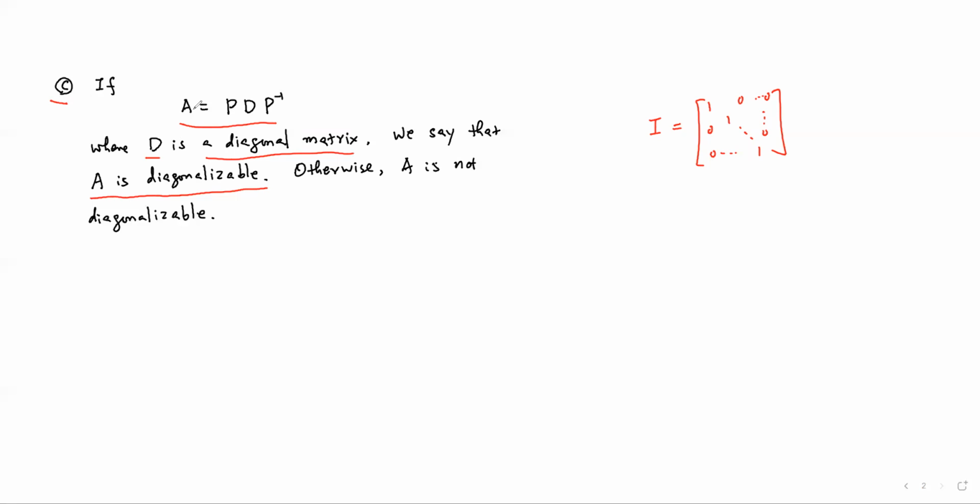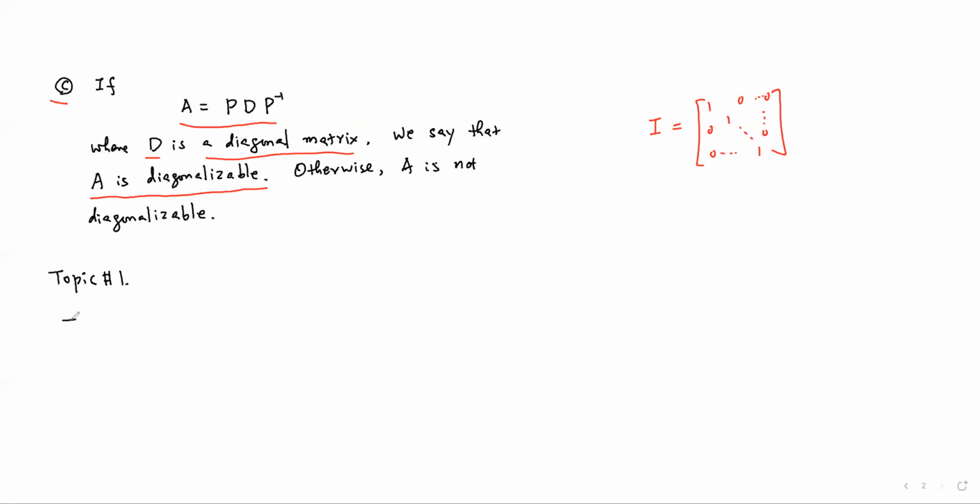Then how to diagonalize a matrix? We need to use eigenvalues and eigenvectors because of the following theorem. This is topic one: diagonalize a matrix. How to diagonalize a matrix based on the following theorem.